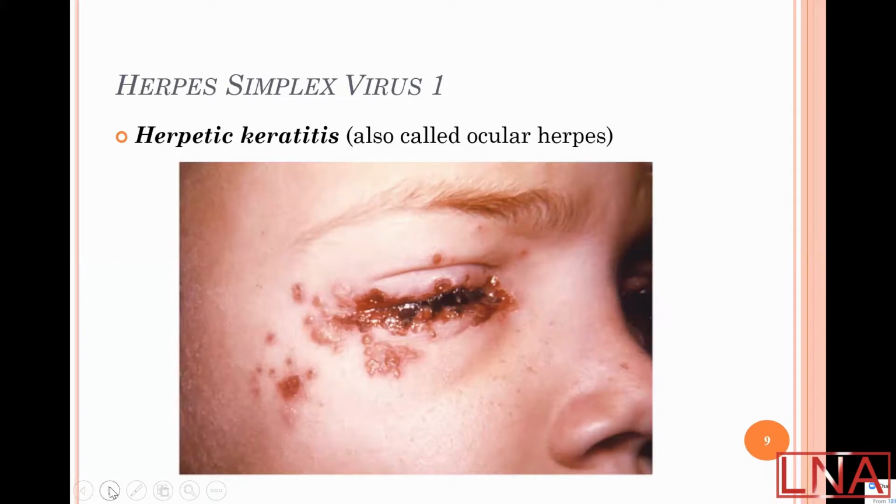They begin as tender, itchy papules that progress to vesicles that burst, drain, and eventually scab over. The sores and fluids are highly infectious and should not be touched.